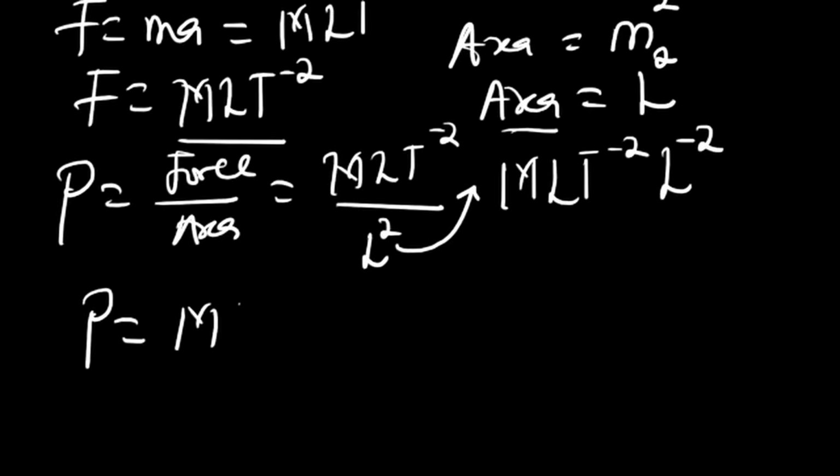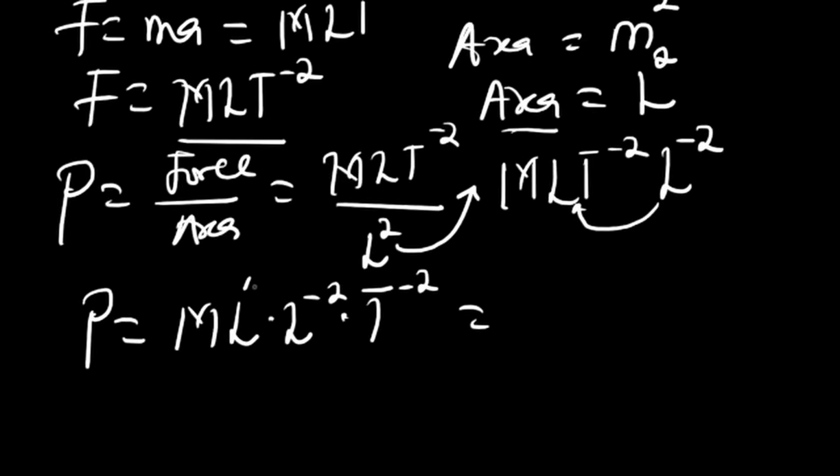Okay, so here we have L. I'm going to rearrange them. This is the first L to the power of 1 times the second L to the power of minus 2. And finally, we have our T to the power negative 2. Okay, I did not change anything. I only put this with this, and then the T now comes last. Now, let's also apply the same laws of exponents that says if you have like bases that are multiplying, you simply add their powers.